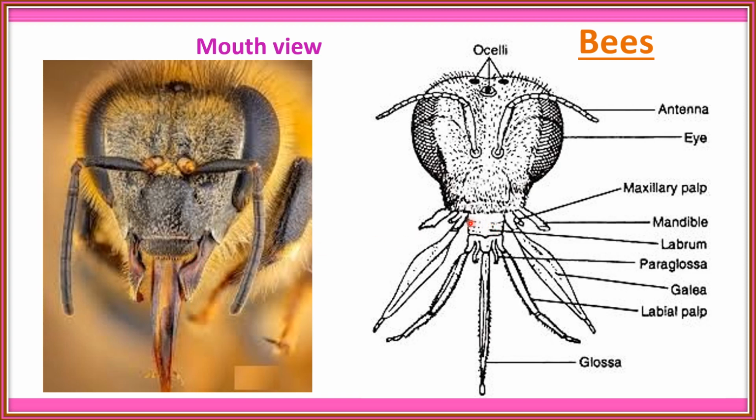So all the mouth part is covered in the glare, but inside we have the labial palps, the paraglossa, and the glossa. All of them are covered by the glare. And then outside we have the mandibles and the maxillary palps.